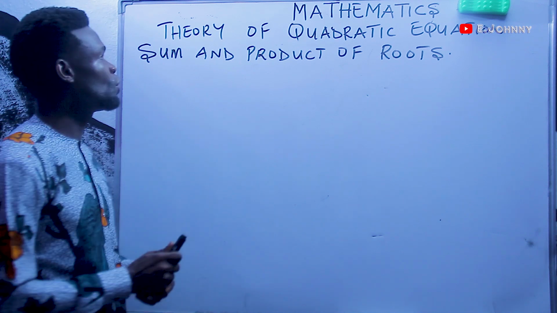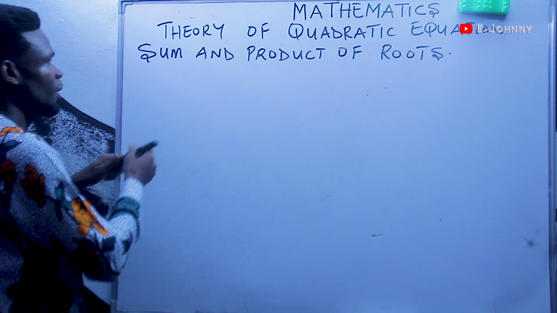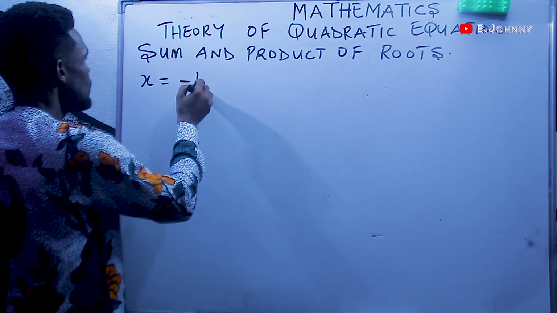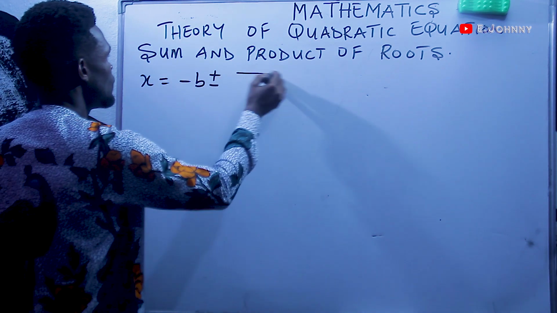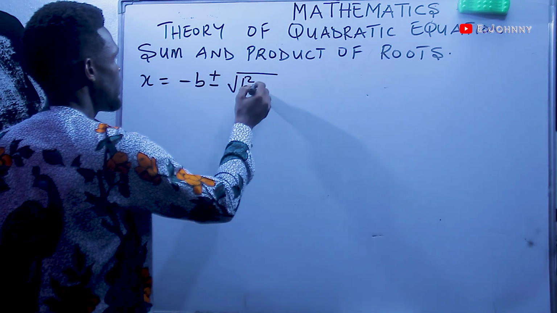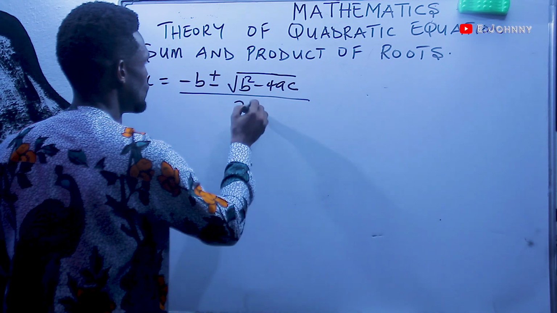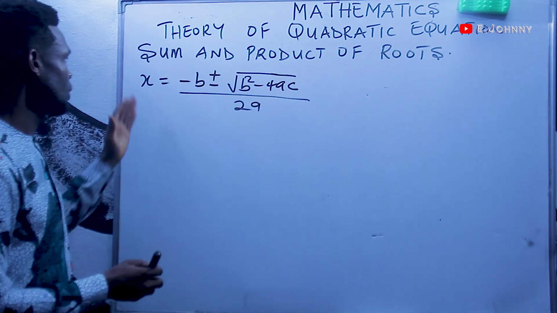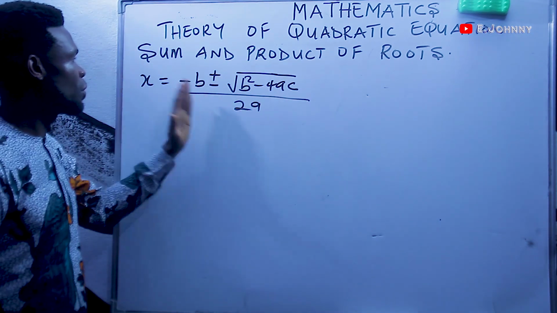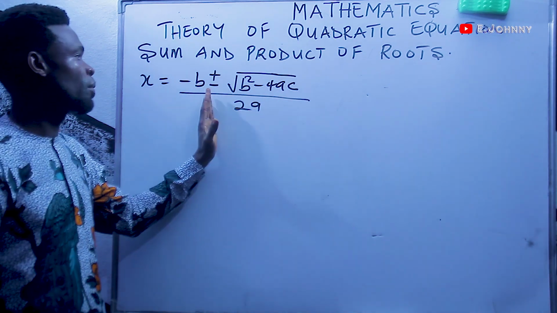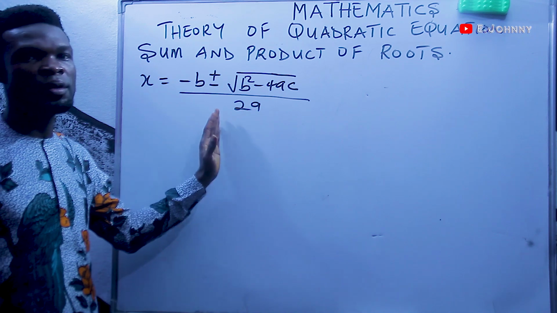First of all, I want you to recall we said that x is equal to minus b plus or minus square root of b squared minus 4ac all over 2a as being the general formula for calculating any quadratic equation.